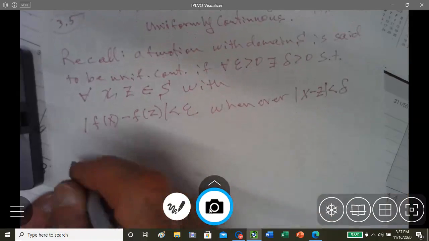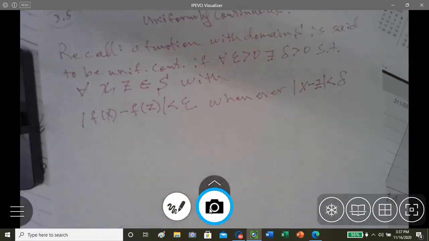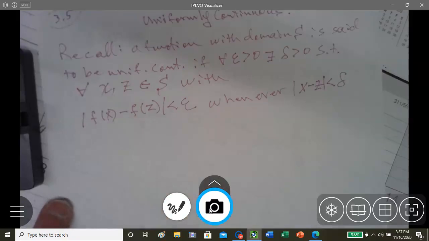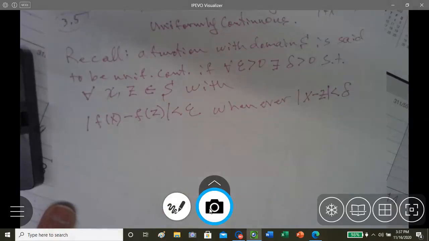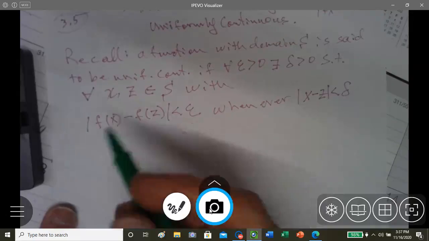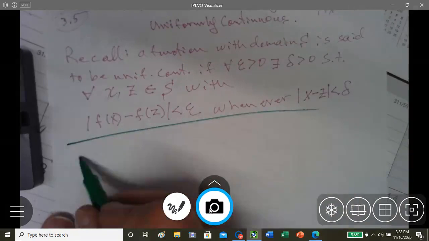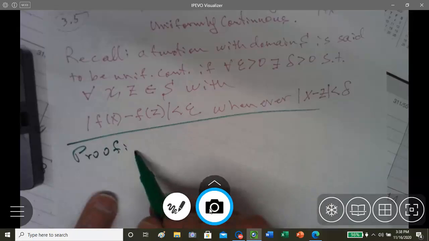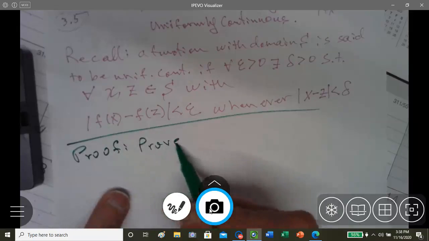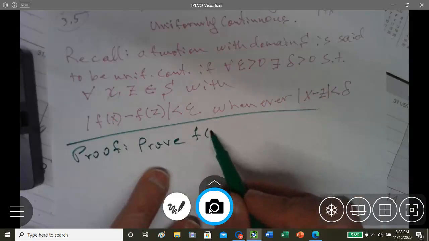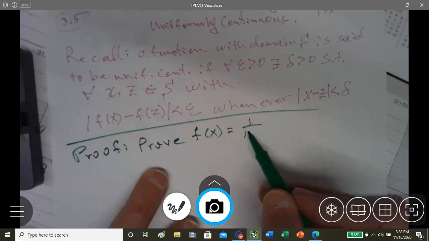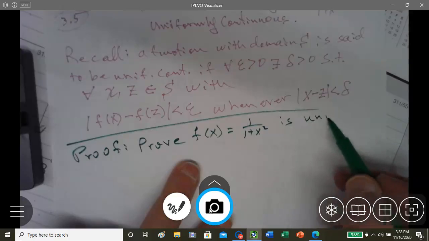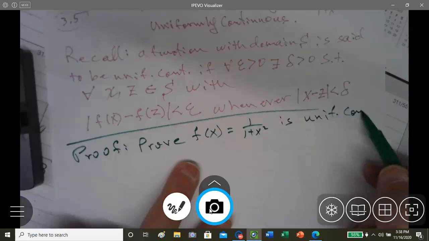Okay, so in our proof, here's the difference. We want to prove that f of x equal to 1 over 1 plus x squared is uniformly continuous.